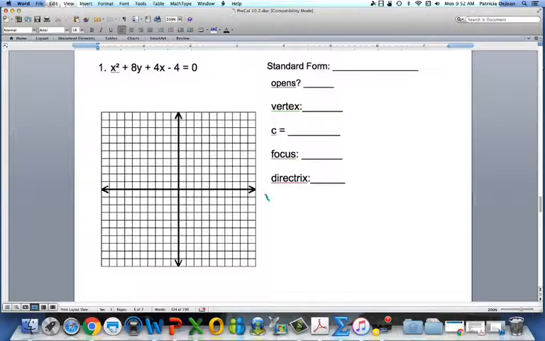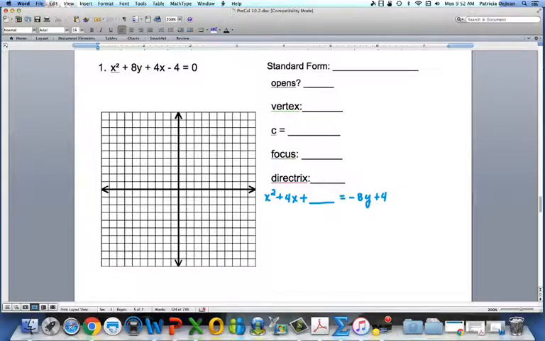So I'm going to have x squared plus the 4x, and then I'll put my blank, you know how I like to do that, equals, and I'm going to bring everything else over to the other side of the equal sign, so it'll be negative 8y plus 4.